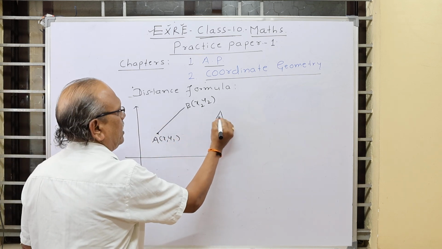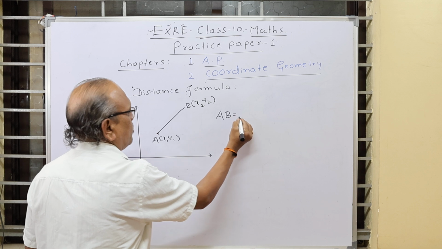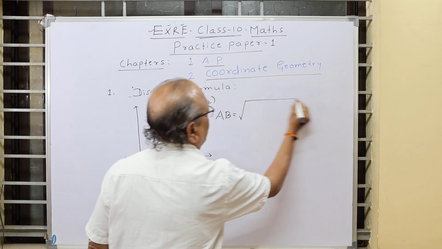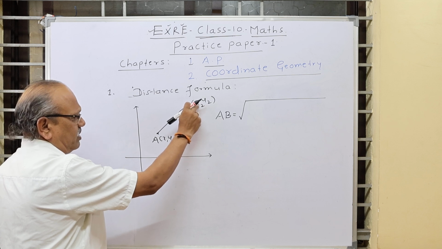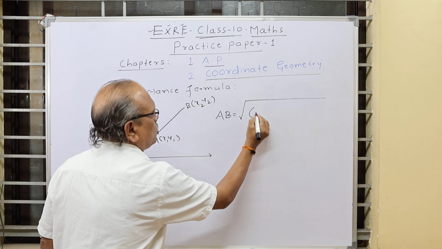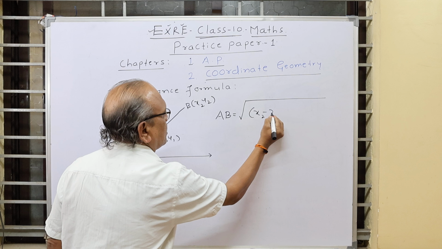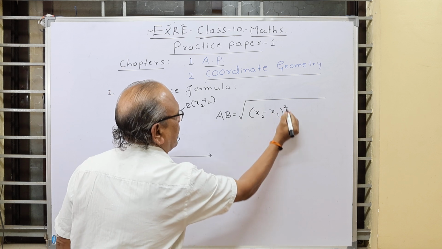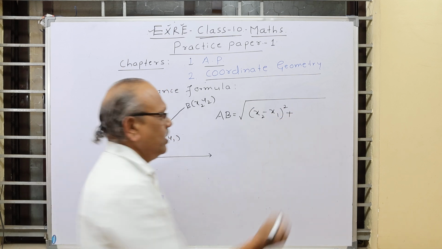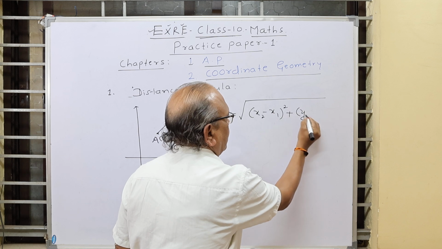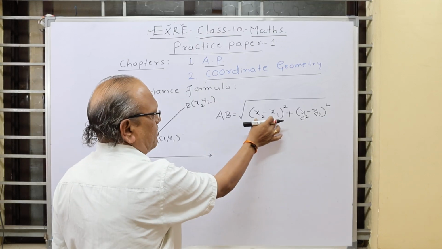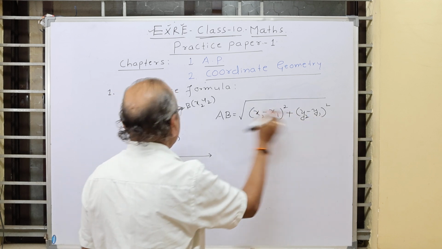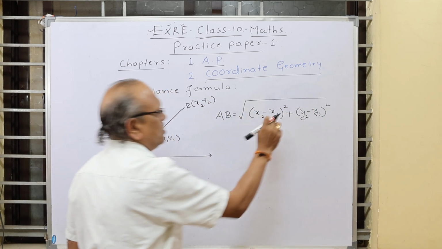The distance formula is the square root of the square of the difference of the x coordinates, (x2 minus x1) whole square, plus (y2 minus y1) whole square. You can remember it as the difference of the x coordinates squared plus the difference of the y coordinates squared, which gives you the distance formula.